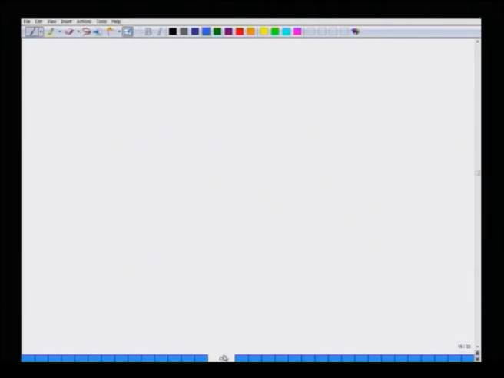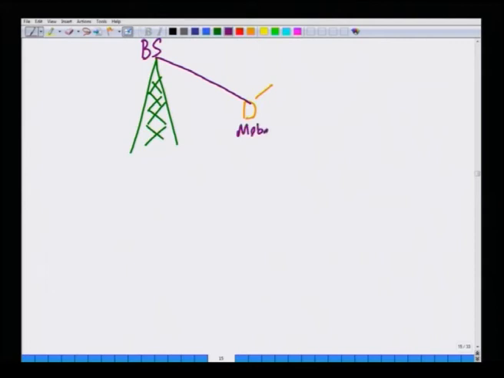For instance, if you look at a base station and a mobile, and we look at the distance d between the base station and the mobile.